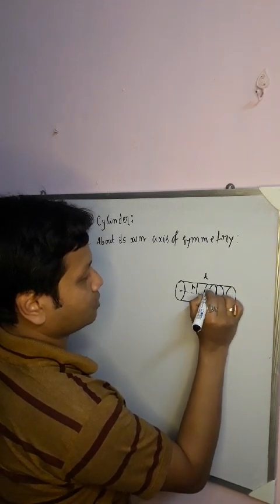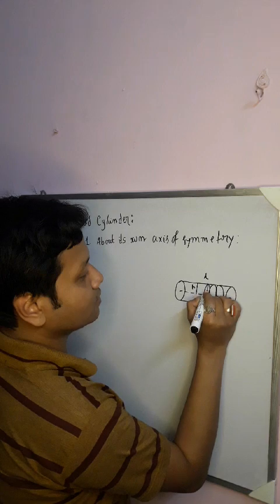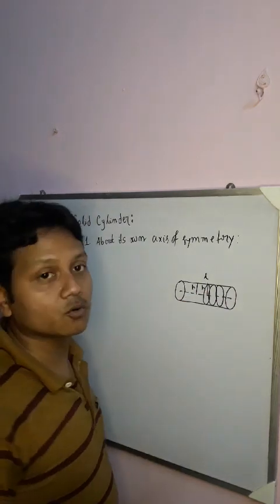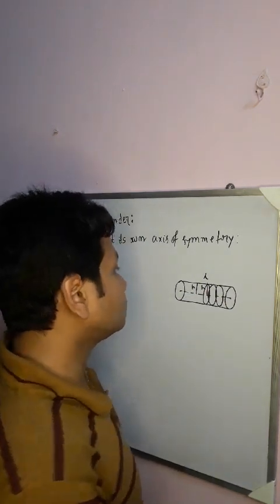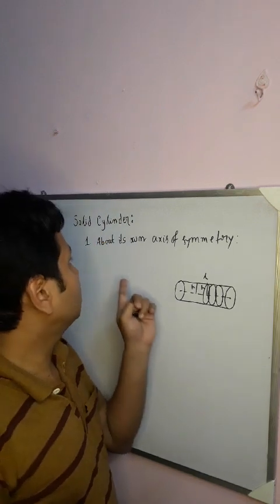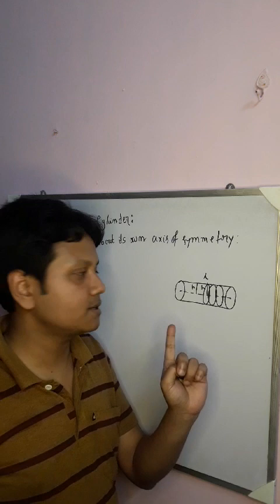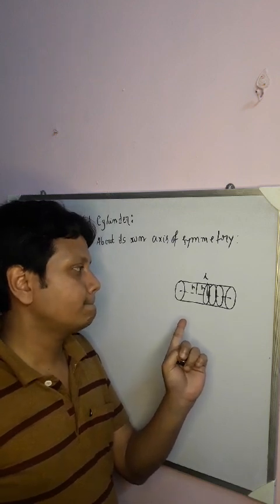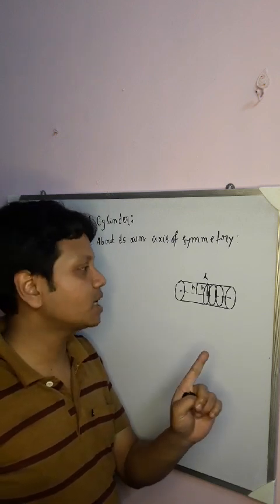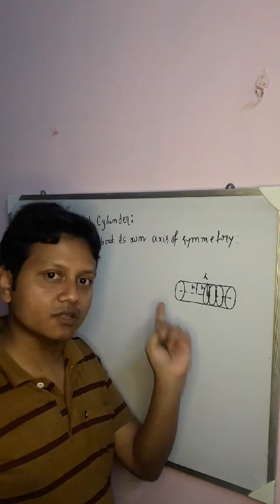So the radius of the cylinder is equal to the radius of the circular disc. The moment of inertia of the solid cylinder about its own axis will be the sum of moments of inertia of such discs about the same axis.